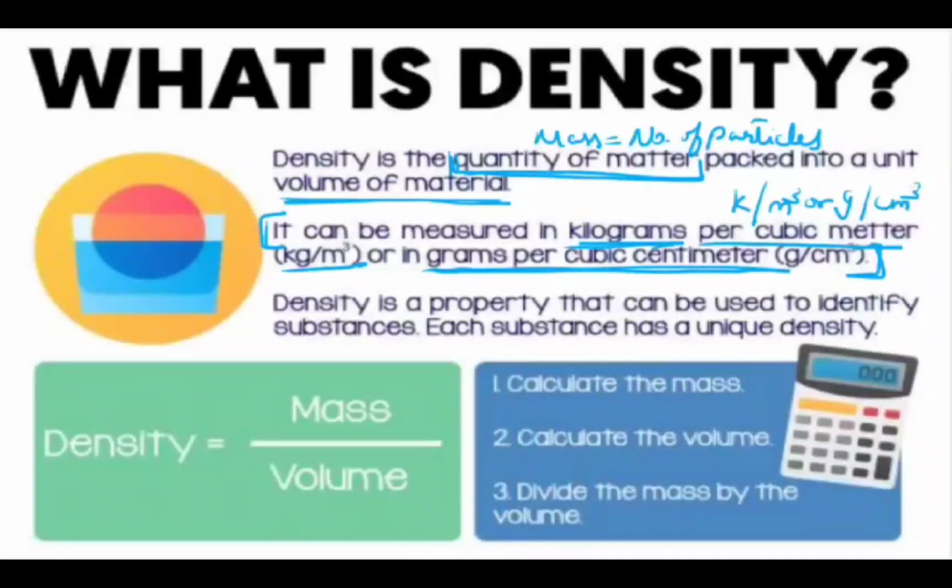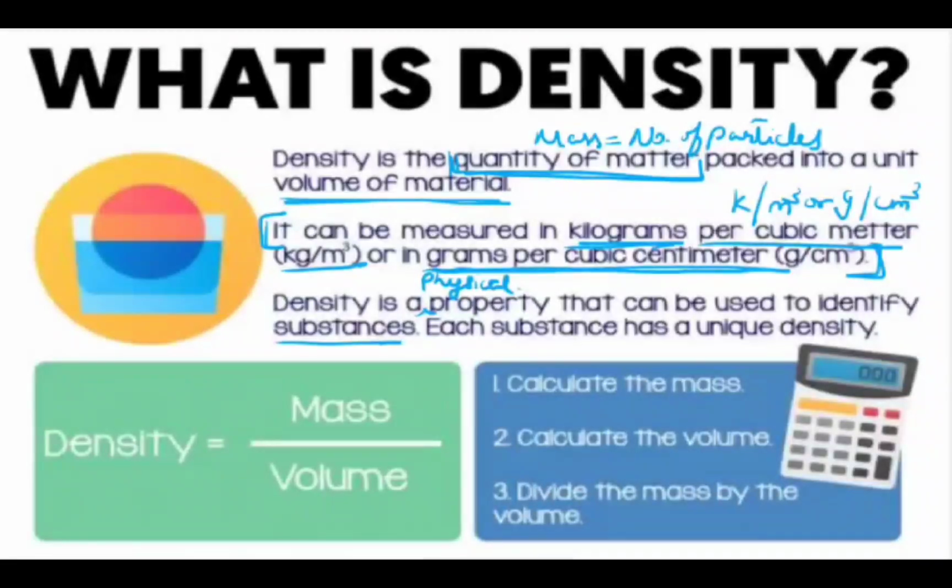Density is a property that can be used to identify a substance. It is a measurable physical property, and each substance has a unique density.